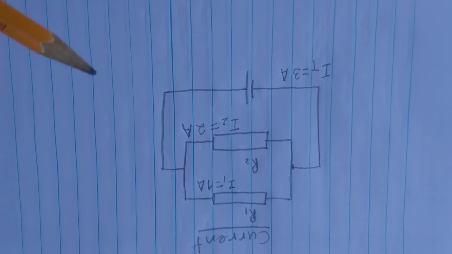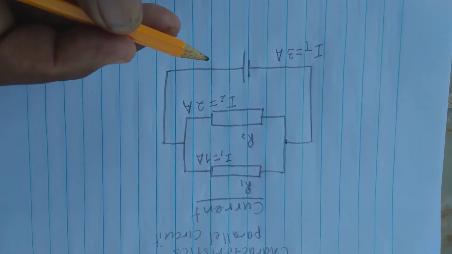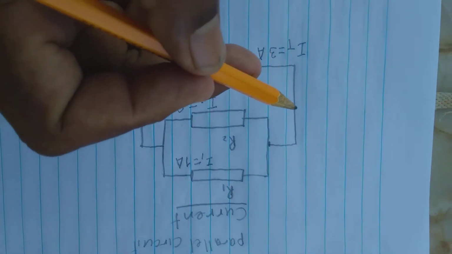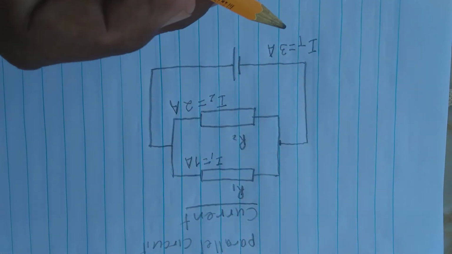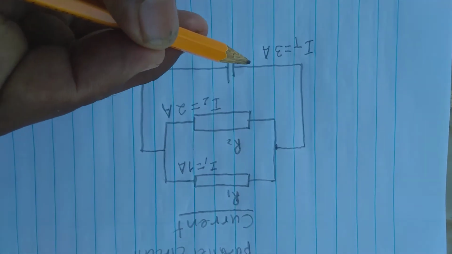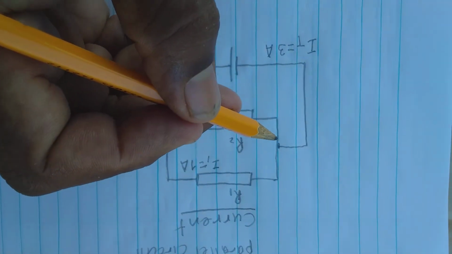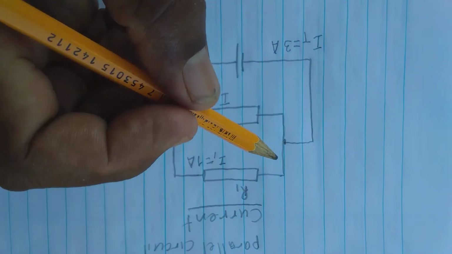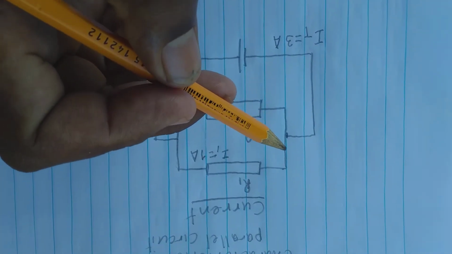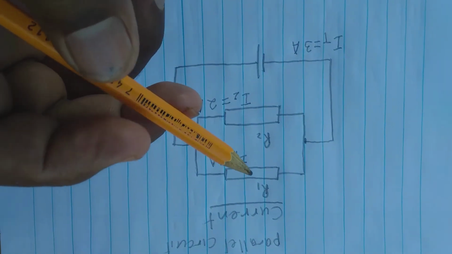Now, another way of explaining this that I normally use with my students is that we assume the current flow is like water in a pipe. As the water flows into this single piece of pipe, all of that water flows into the pipe. But as the water reaches this junction, some of it is going to split and come up this side, because there's a path here available for the water to flow.